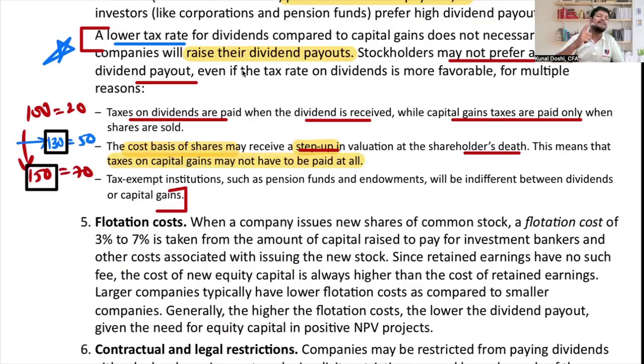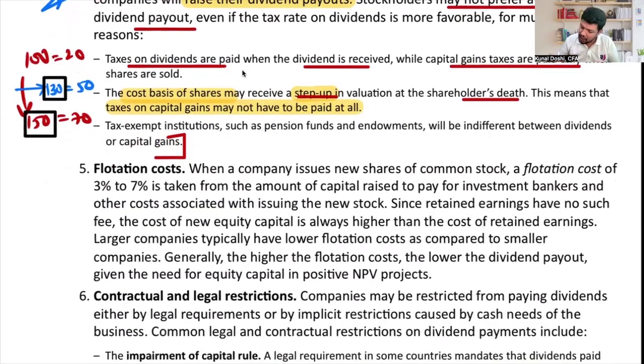So there's a step up in valuation which will save taxes, and therefore this is also considered one of the reasons. Clear, everyone? Next, what is the next reason? Tax-exempt institutions such as pension funds and endowments, whatever income they get is generally tax free.